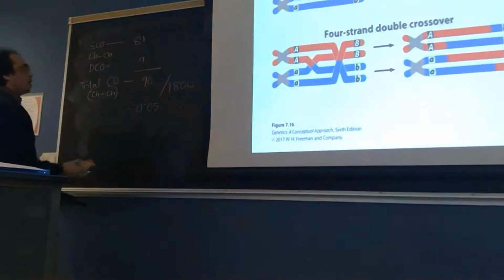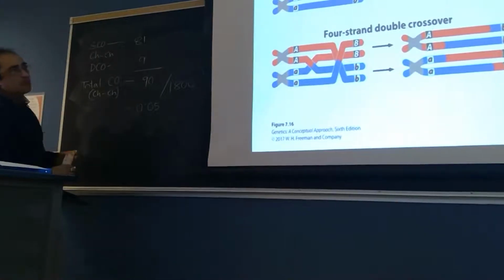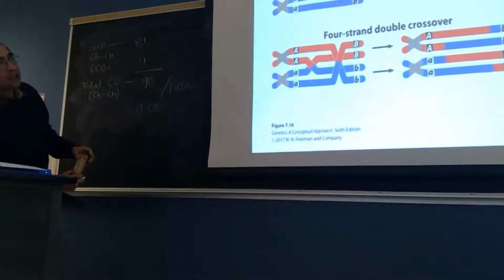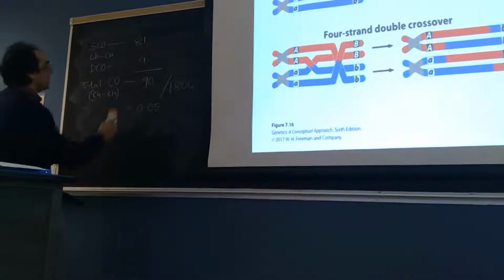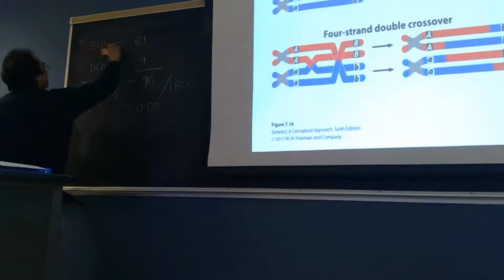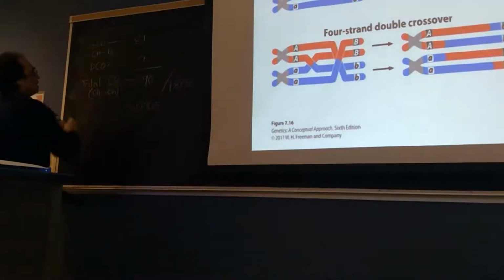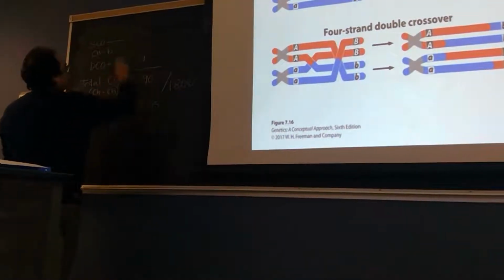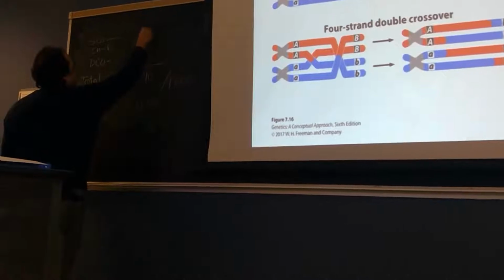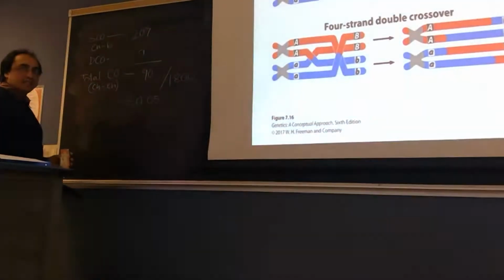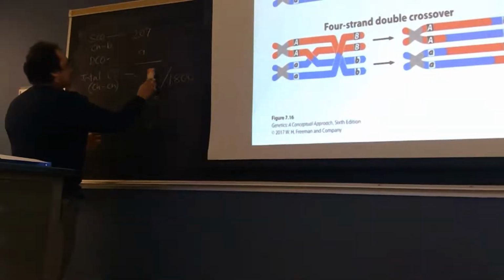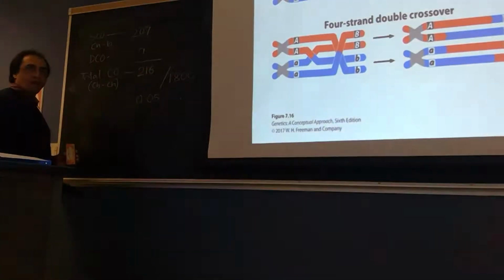Okay. So total single crossover between Cn and P is 207, and double crossover is 9. So it is 216.